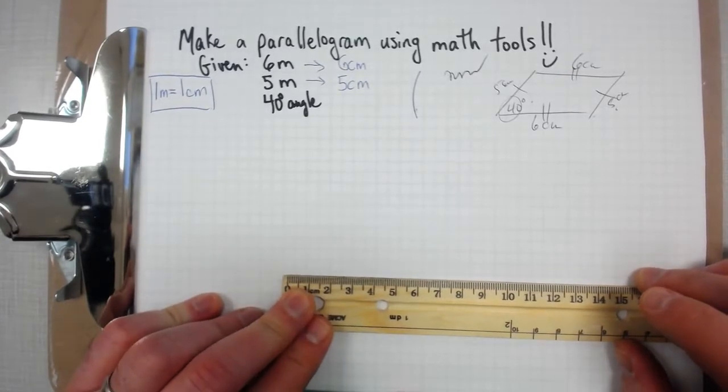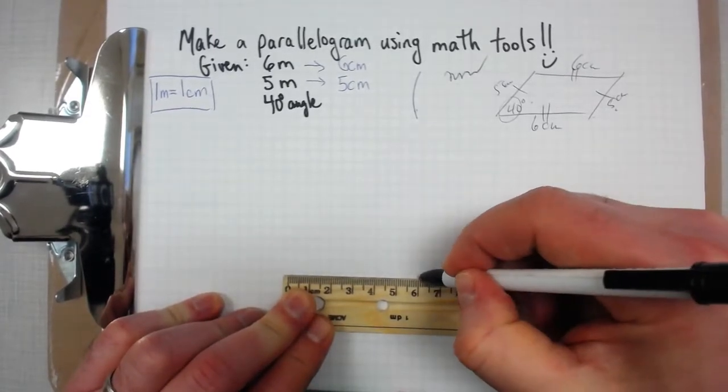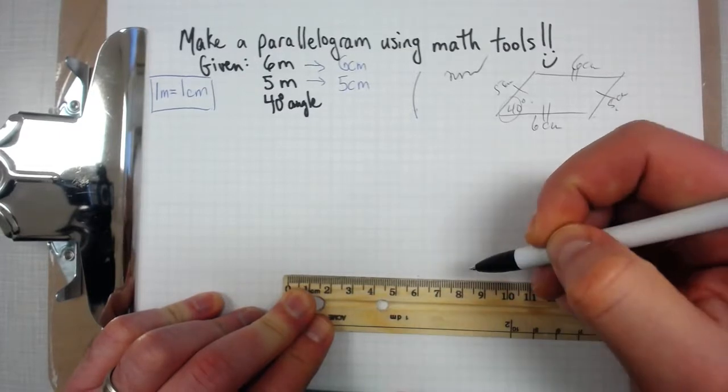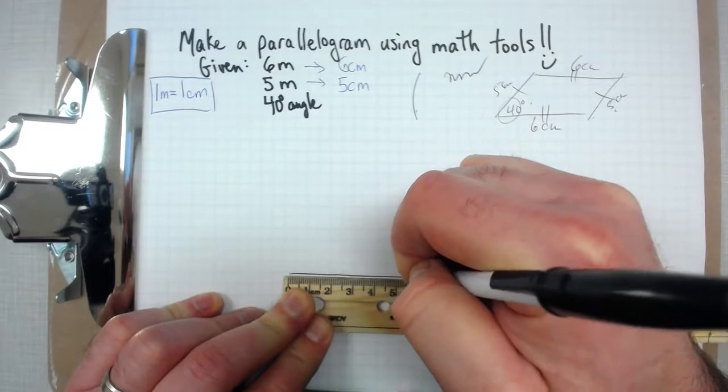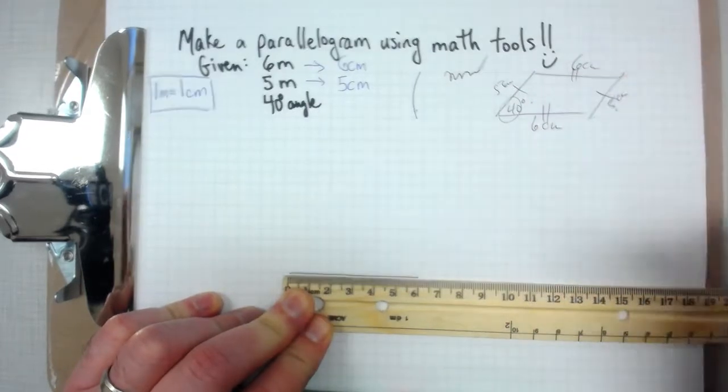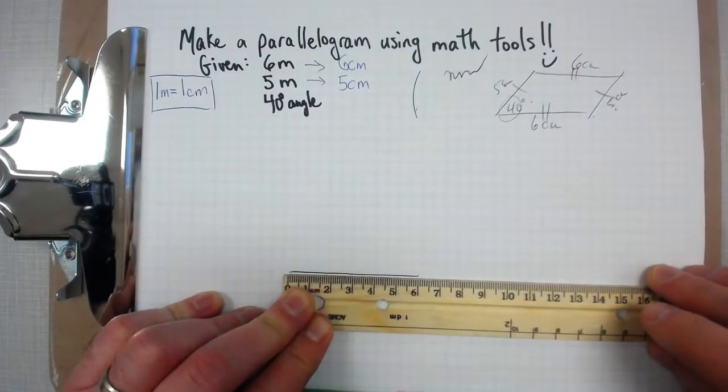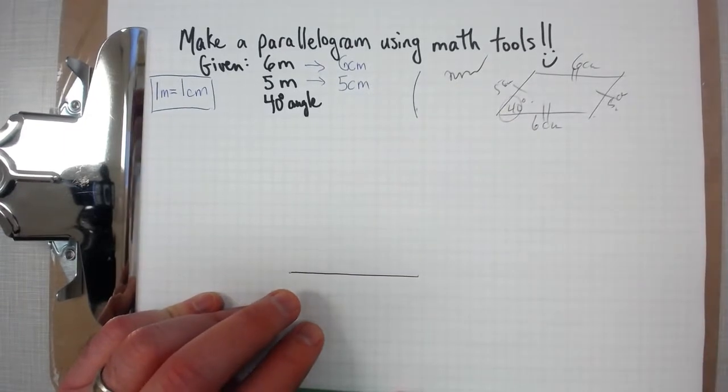So I take my ruler and I'm going to mark my 6 centimeters, just like that. Put that aside.